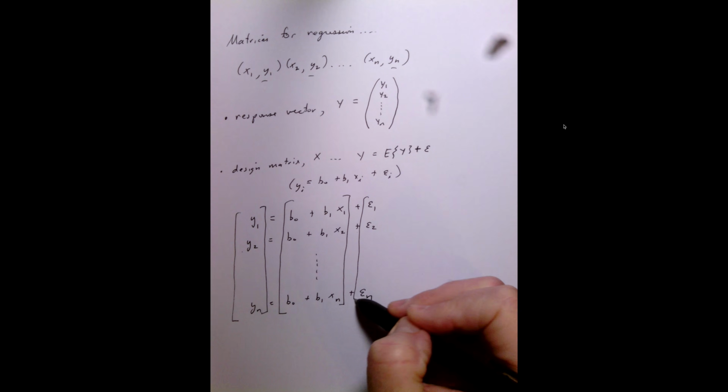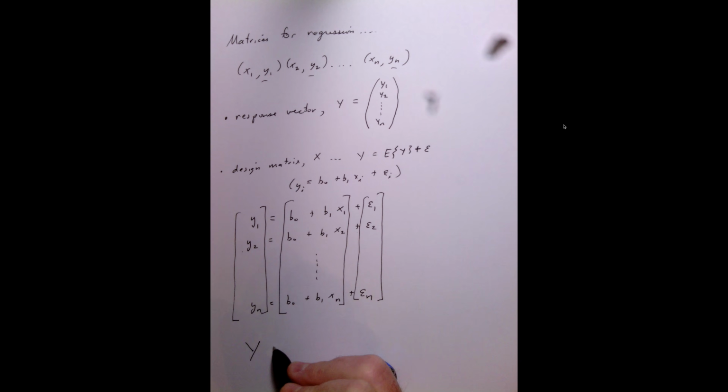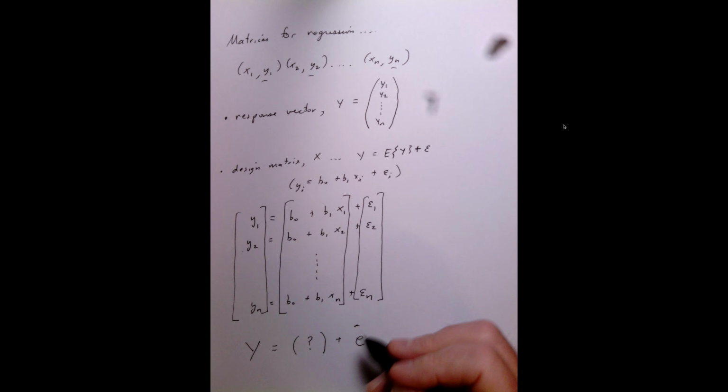Now, if I can think about creating a matrix for this, what I actually have is my response vector y times my design matrix, sort of. Let's leave this yet to be explored. Forget that. I don't know why I put that up there.